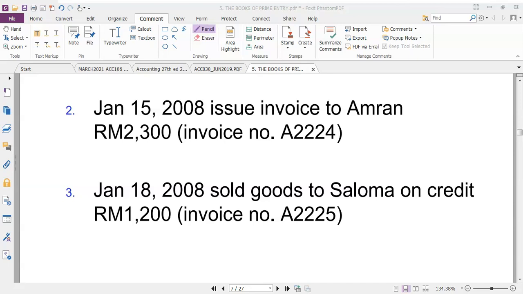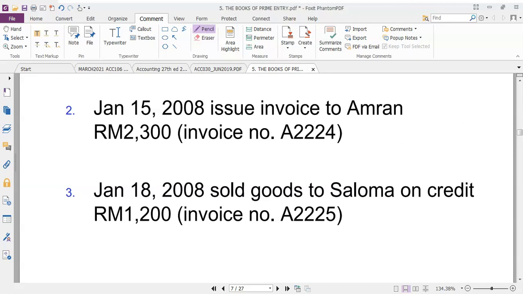Okay, remember, dalam sales journal hanya kita boleh record transaction berkaitan dengan sales, credit sales sahaja. Kalau cash sales tak boleh masuk dalam sales journal.